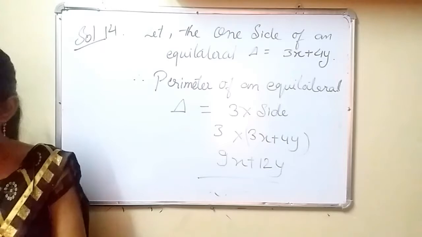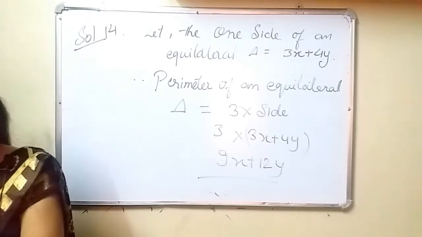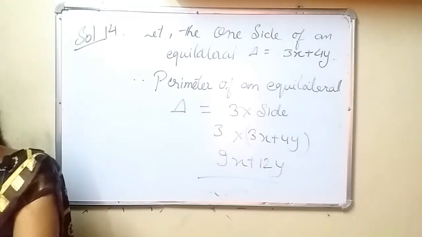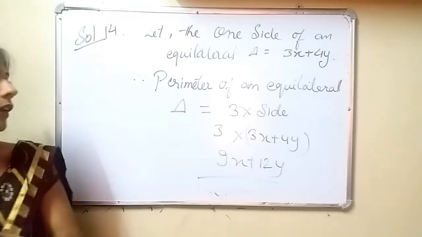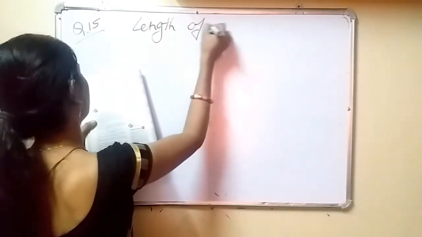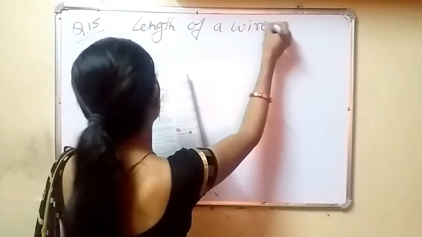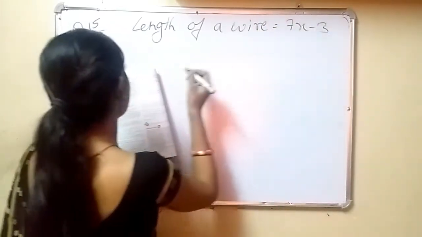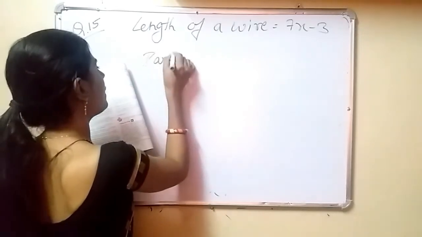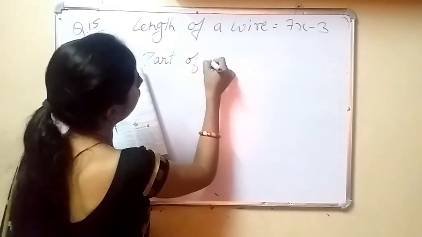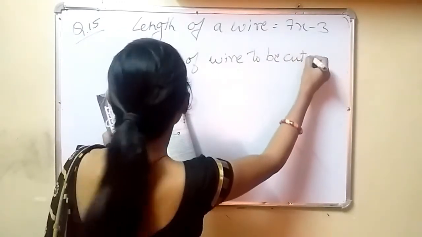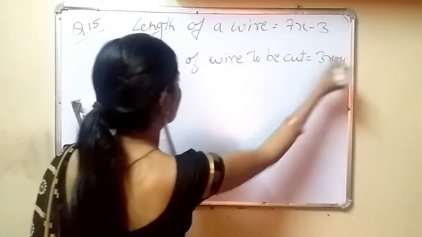A wire is 7x minus 3 meter long. A length of 3x plus 4 meter is cut out of it for use. How much wire is left now? Length of the wire is equal to 7x minus 3. Part of wire to be cut is equal to 3x plus 4.